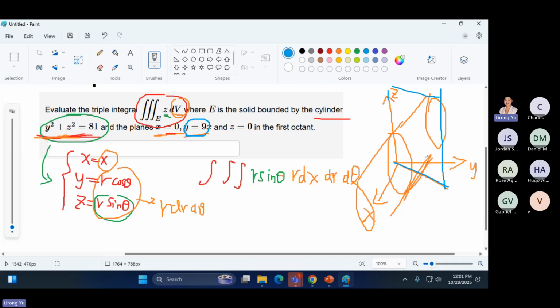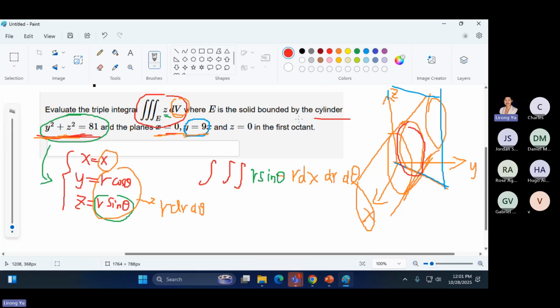Okay, so y equal to 9x is a plane. This plane is going to intersect the cylinder. Well, the intersection probably is going to look like this. So when the plane cuts through the cylinder, it's at an angle, so it should be an elliptical intersection.